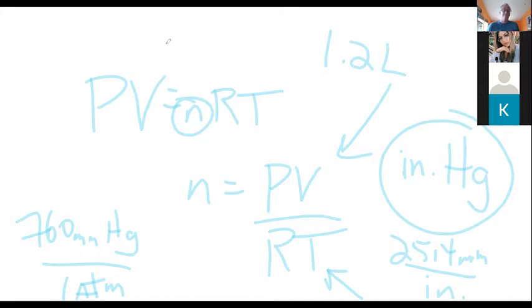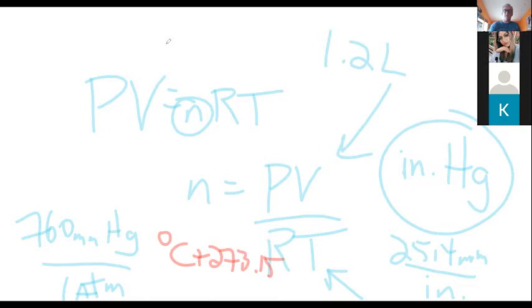Celsius? Yes, they're in degrees Celsius. So what do we have to do to convert it to the temperature scale we want? You just add 273.15, I think, right? That's right. Our temperature in Kelvin will be the Celsius temperature plus 273.15.